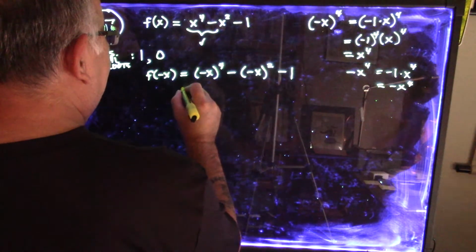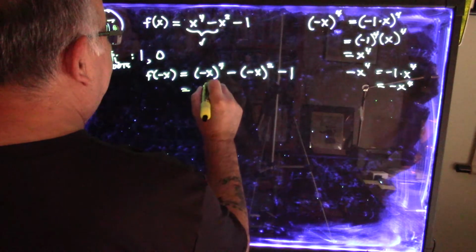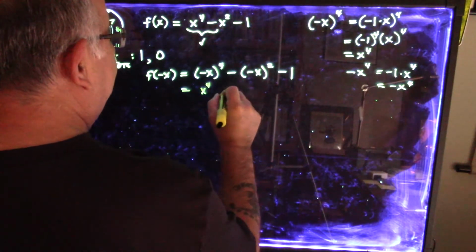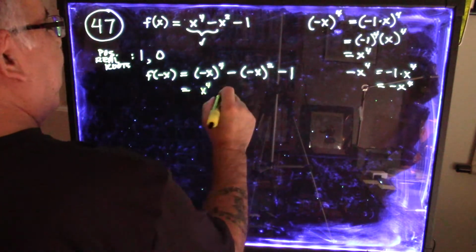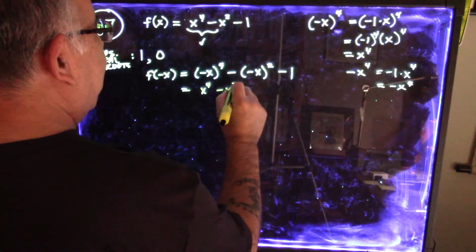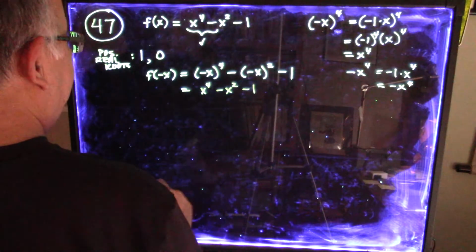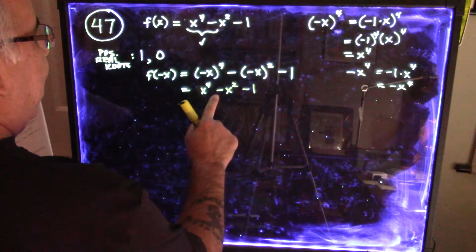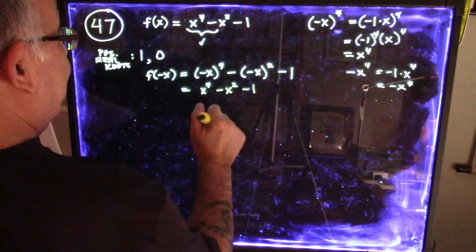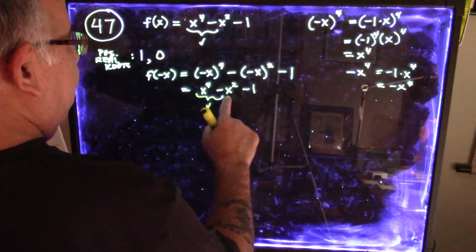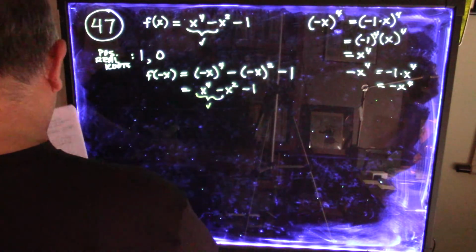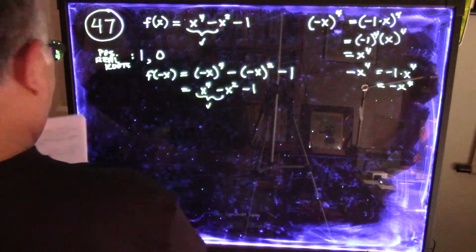So this is going to be x to the fourth minus x squared minus 1. So we're going from plus to minus, that's one variation. Minus to minus is not a variation, so it's just one.